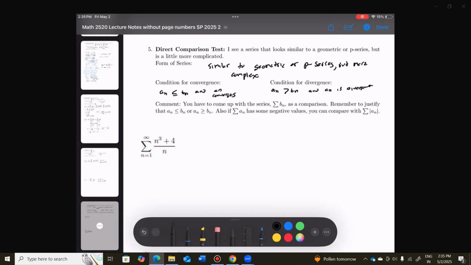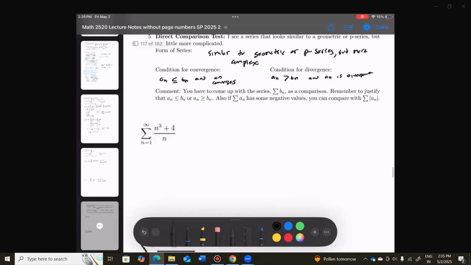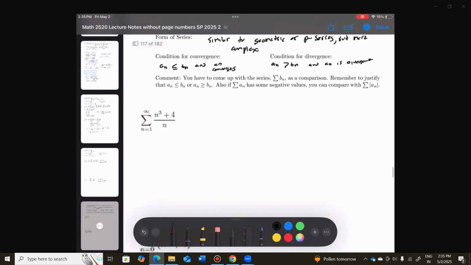Right, so here, I want to adjust this. n to the third over n plus 4 over n. And so this could be written as n squared plus 4 over n.